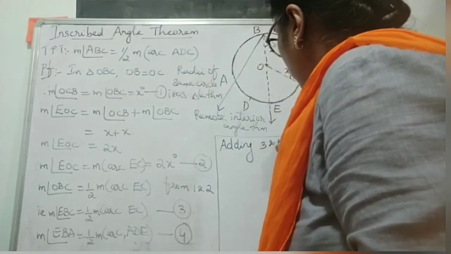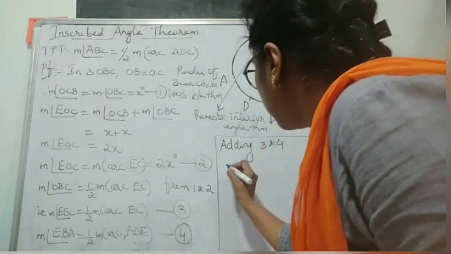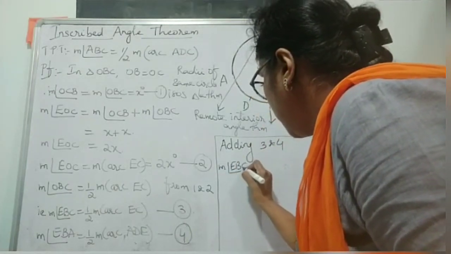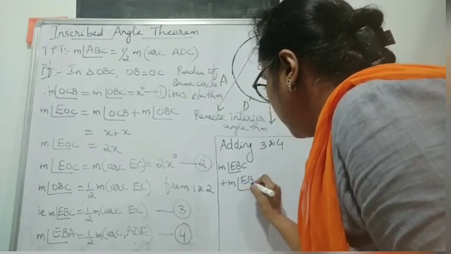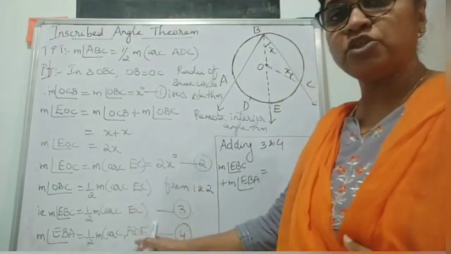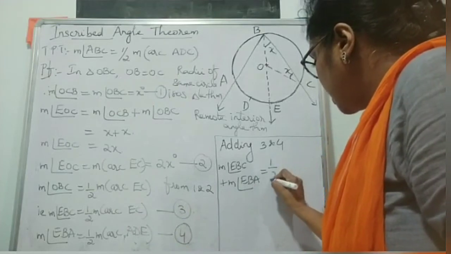When we add equations 3 and 4, you will get angle EBC plus angle EBA is equal to, on the right side, half the measure of both the arcs added, so you can take half outside as common.